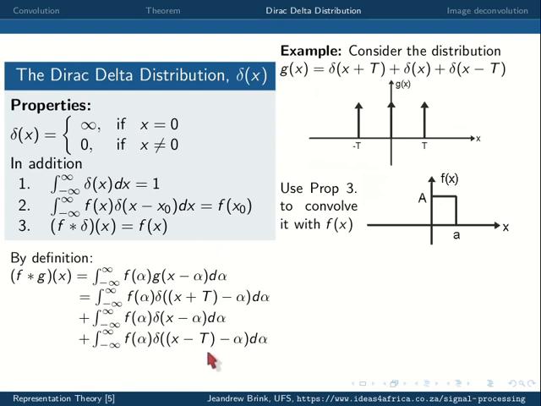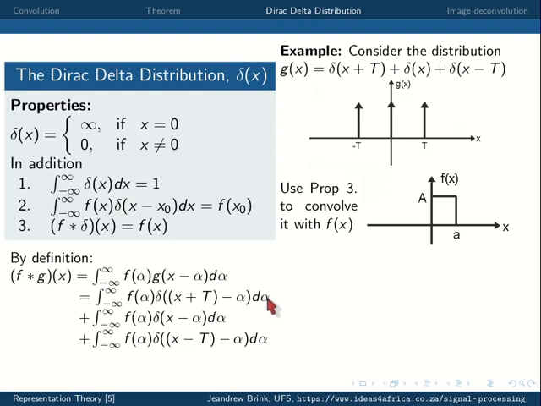Okay, so here's what the integral definition is. Remember, just looking at this integral, we have the integral from minus infinity to infinity of f of x times the delta function of x minus x0 is simply the function at x0. So the only thing that's required now is to be clear about what x is, and in this case x is equal to alpha, and to be clear about what x0 is, and to remember that your delta function is even. In some sense, you can switch the sign without changing the outcome.